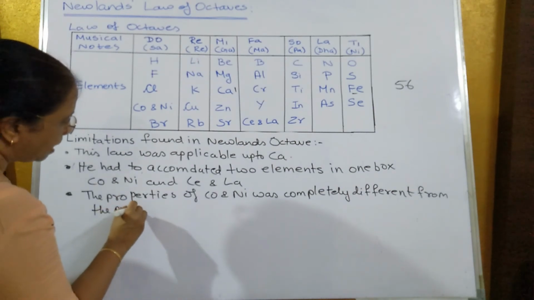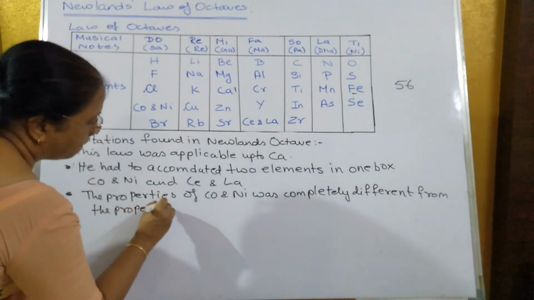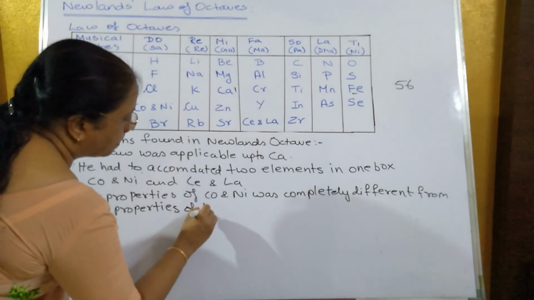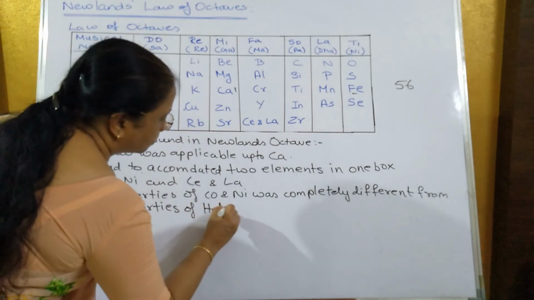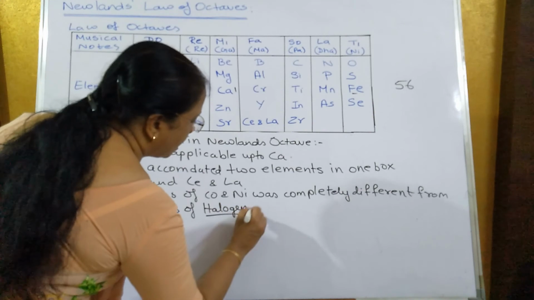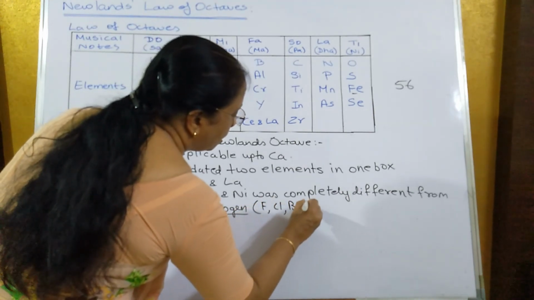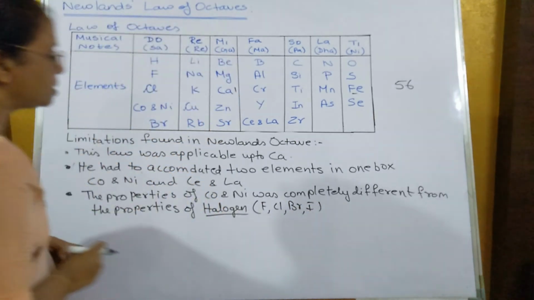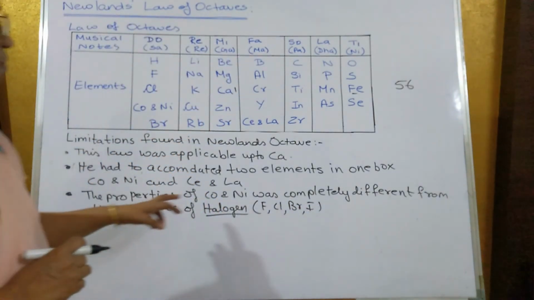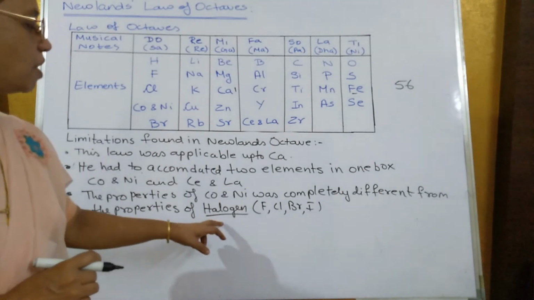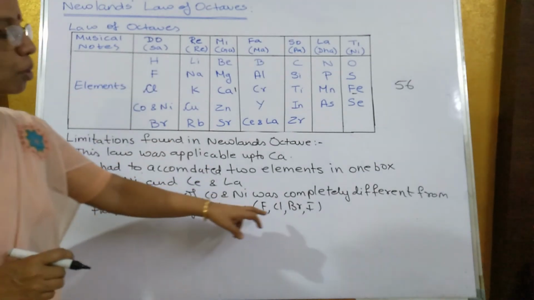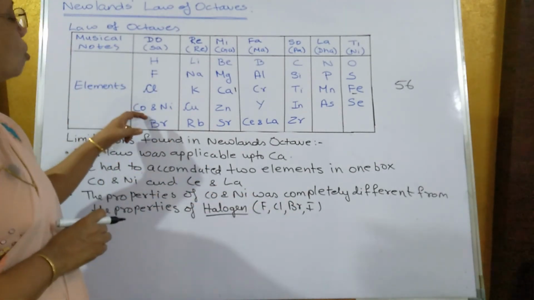Now what are halogens? Fluorine, chlorine, bromine, iodine are known as halogens. Fluorine, chlorine, bromine and iodine were non-metals, whereas cobalt and nickel were metals.